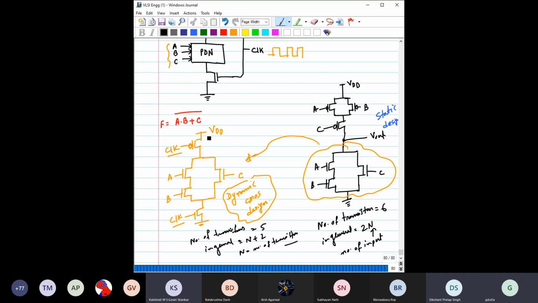But there was a very big disadvantage in pseudo NMOS design, that was static power dissipation. However, in dynamic CMOS, that static power dissipation is not there. Ideally it is not there, but due to leakage and subthreshold conduction there will always be some, even as we have seen for static CMOS. But ideally there should not be any static power dissipation like in the pseudo NMOS design, and it gives us the advantage that we can reduce the number of transistors.